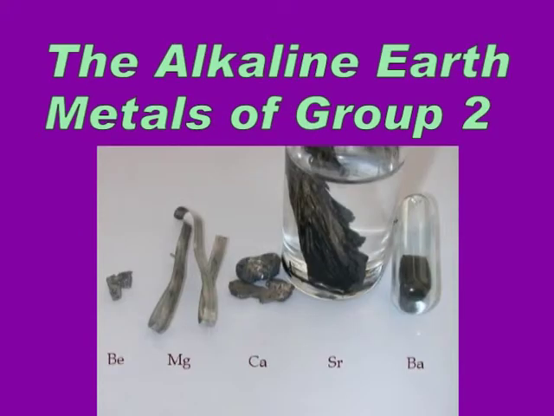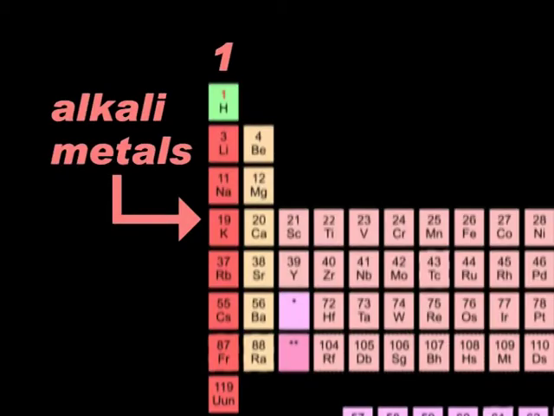Make a heading: the alkaline earth metals of Group 2. In our previous video, we looked at some alkali metals of Group 1.